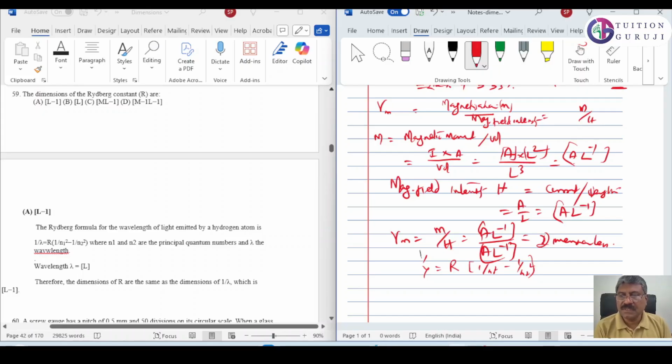So Rydberg constant is equal to 1 by lambda into 1 by n1 square minus 1 by n2 square. This term is dimensionless. Lambda is the wavelength, that is actually L, so 1 by L, that means L raised to minus 1. So the dimension of Rydberg constant is L raised to minus 1.